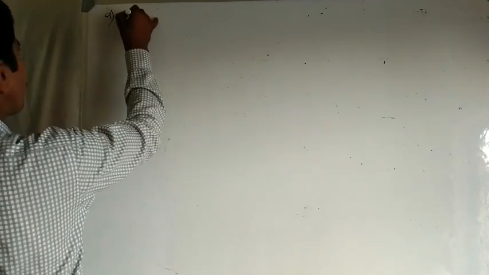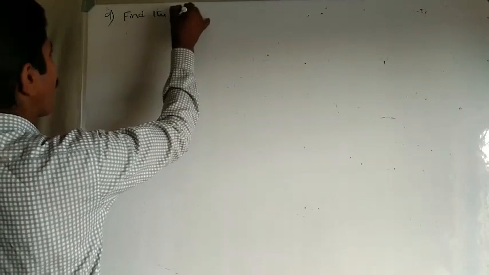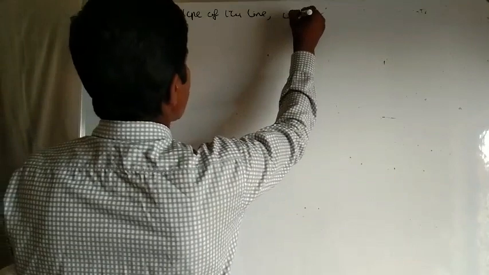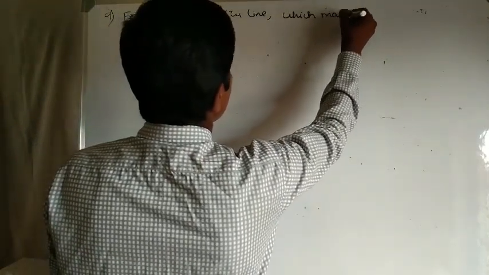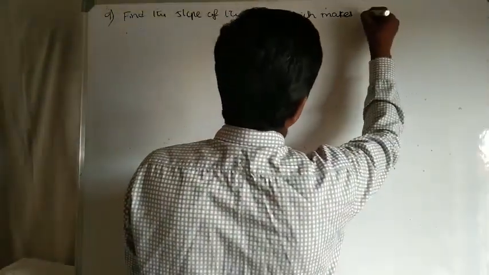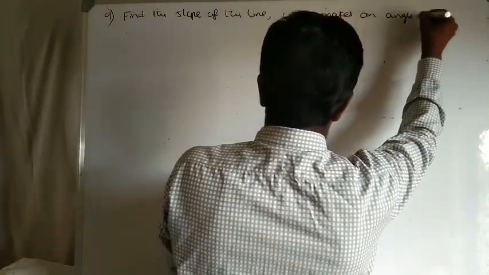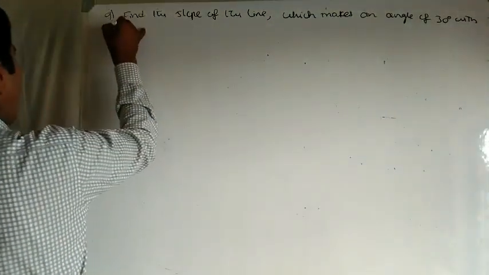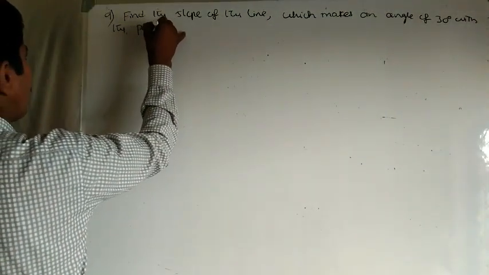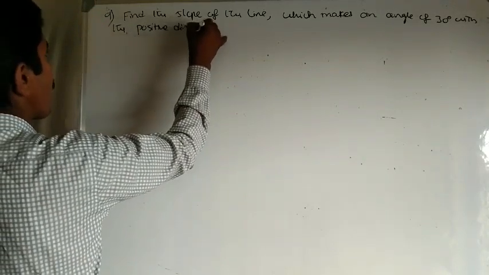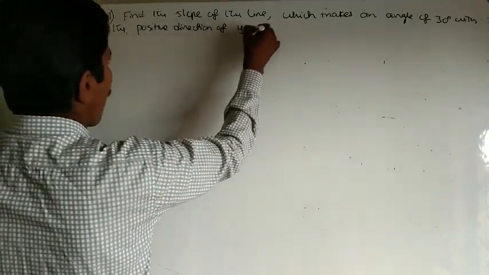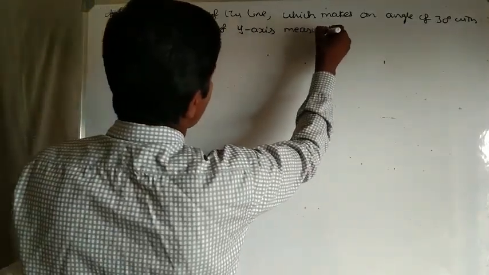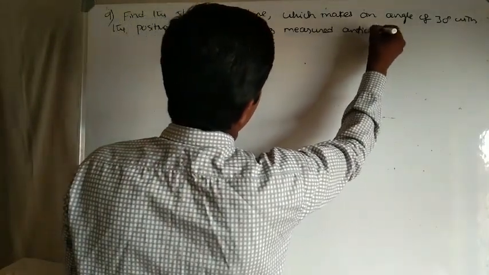Find the slope of the line which makes an angle of 30 degree with the positive direction of y-axis measured anti-clockwise.